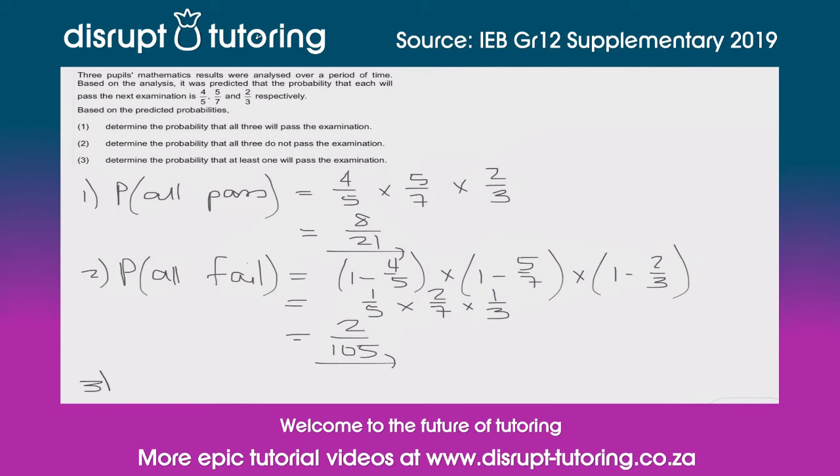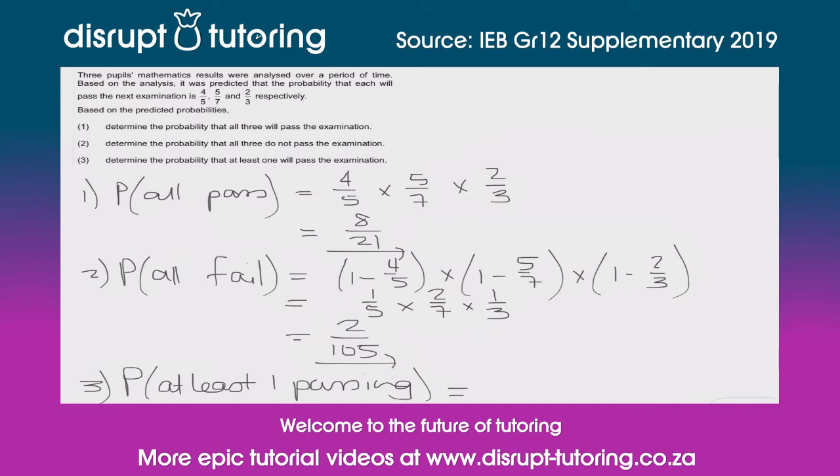Right, moving on to our last question. They've said to us, what is the probability that at least one will pass? So we know that the probability of all of them failing is going to be 2/105.